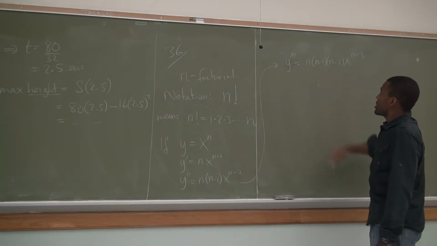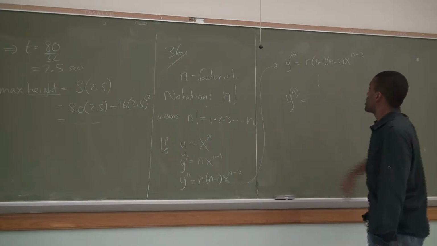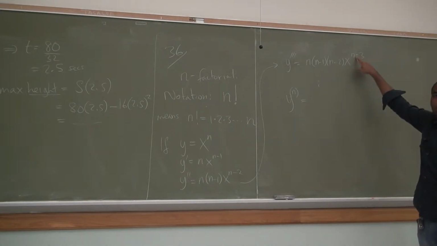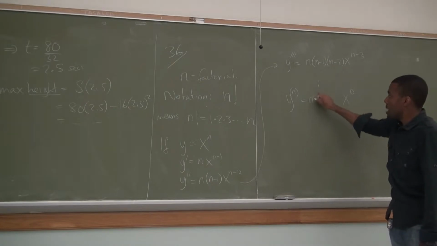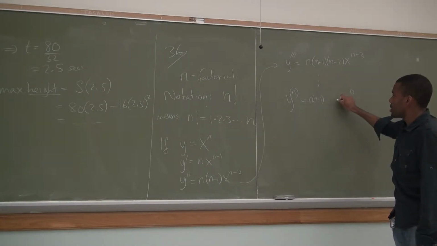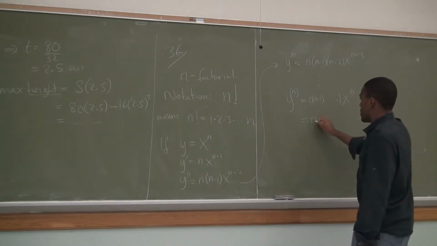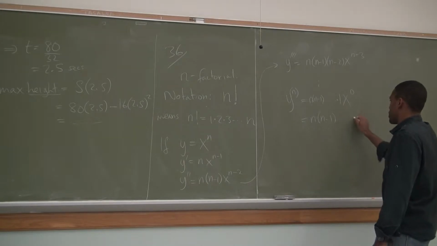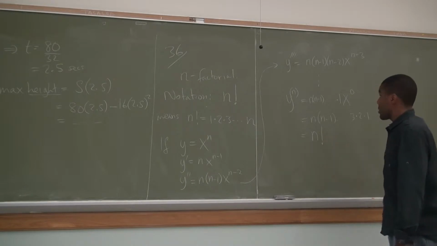You'll continue and realize the pattern that's happening, so you figure out what the nth derivative is. If you do it n times, you end up with x to the 0, which is 1, and here you have all the numbers from n going all the way down to the very last one, n times n minus 1 and so on down to 3, 2, 1. So the answer is n factorial.